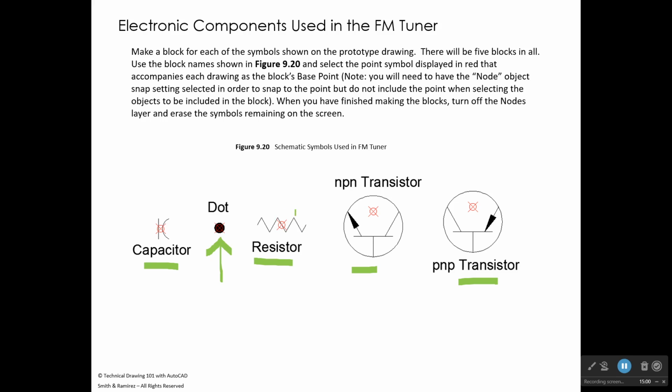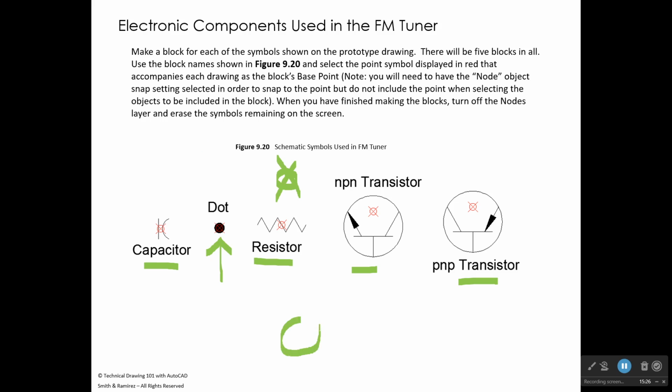As I was saying, you can see that circle with the X. When you select the parts that you want to be a part of the block, you don't want to select this guy right here. You only want to select that when you're selecting the base point for the capacitor or the dot or the resistor. So that's why we've put this in here.